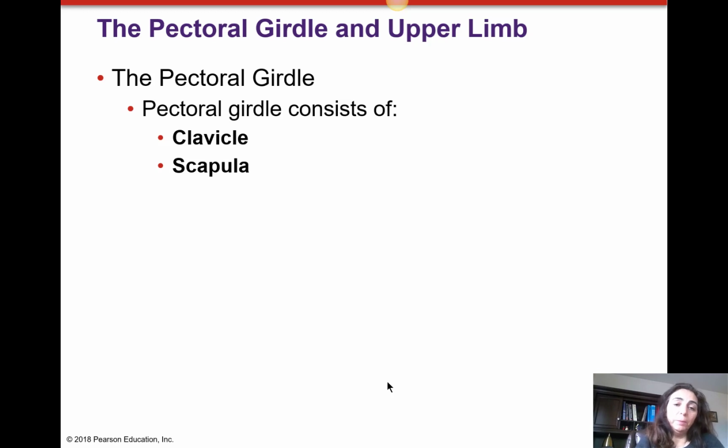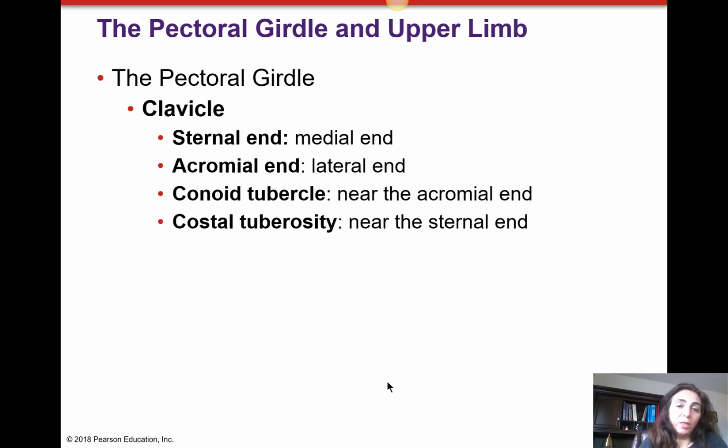So for the pectoral girdle, that consists of the clavicle and scapula. Starting from the clavicle, I have the bone here, and I like to show you. So clavicle, sometimes we call it collarbone, is located here over the body.